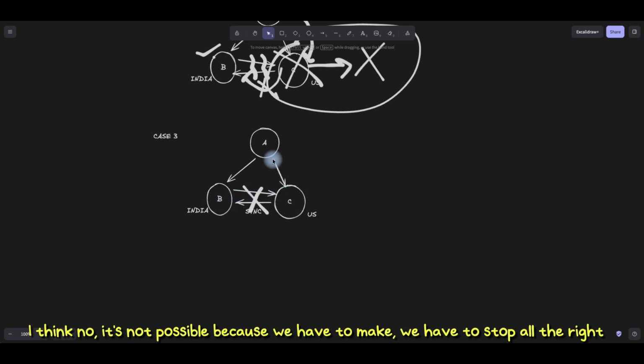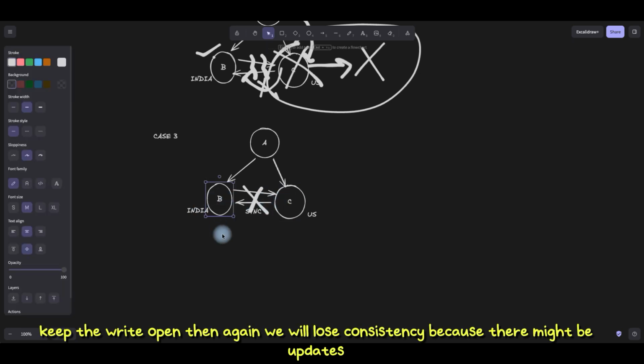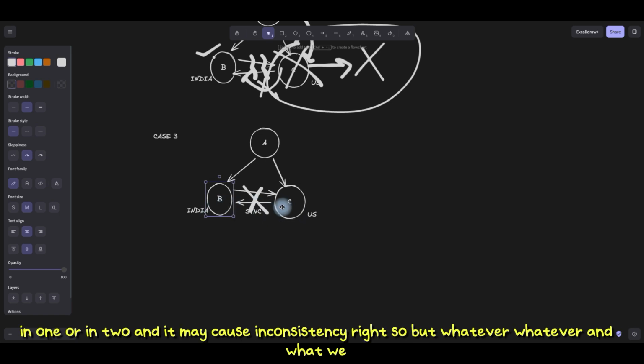I think no, it's not possible because we have to stop all the write requests to the database, because if we keep writes open, then again we will lose consistency, because there might be updates in one or in two, and it may cause inconsistency, right?